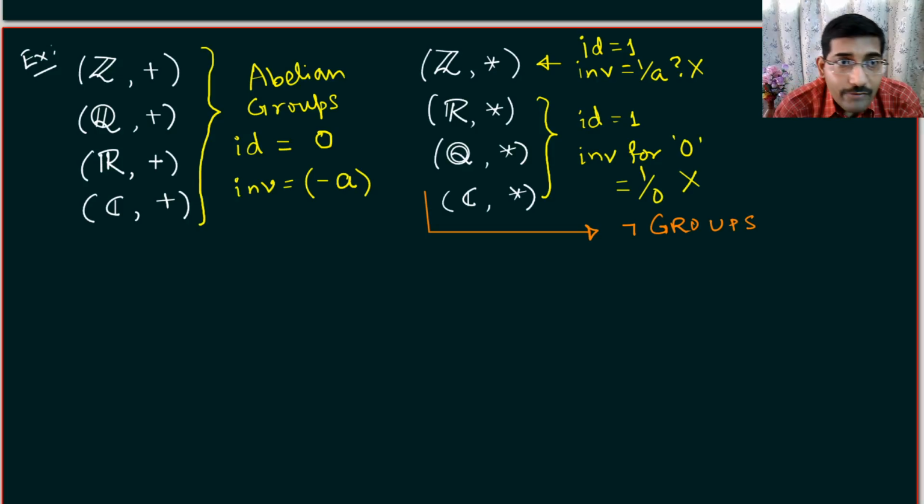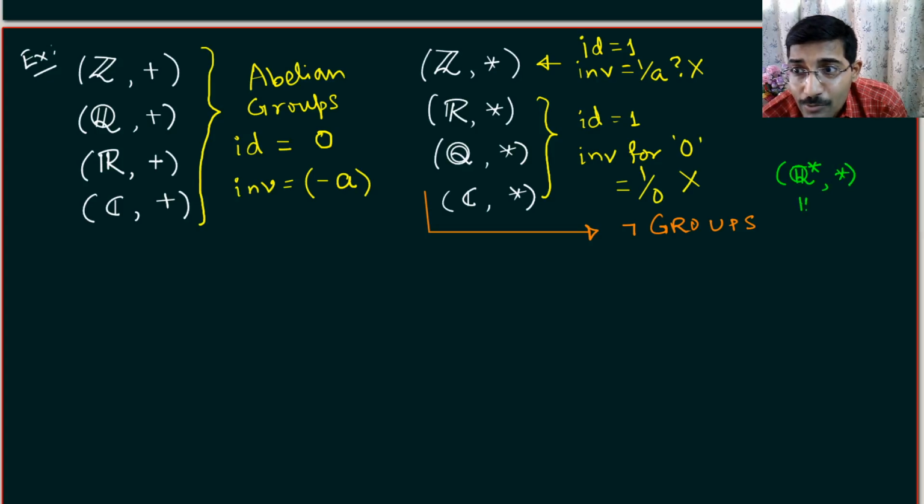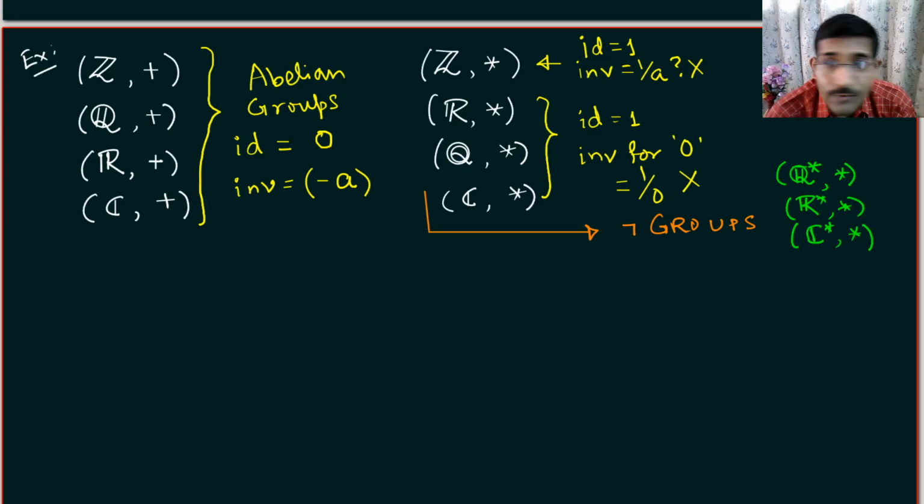Whereas if we change these sets a little bit, let's say we have non-zero elements of Q, non-zero elements of R, and non-zero elements of complex C with multiplication, then this forms a group.